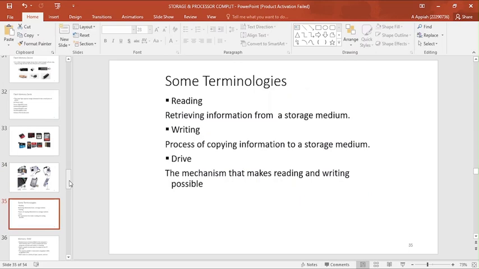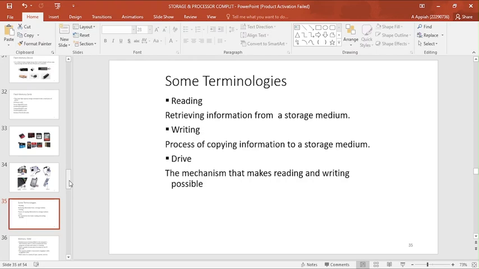Now there are these terms we have to be aware of. When we say reading from a disk, what are we referring to? It means you are retrieving information from a storage medium. When we say writing, what are we referring to?